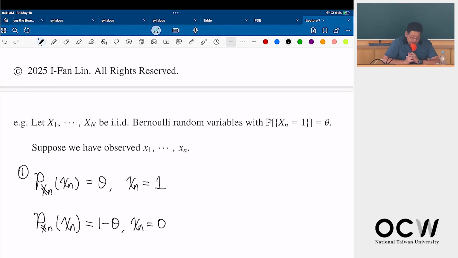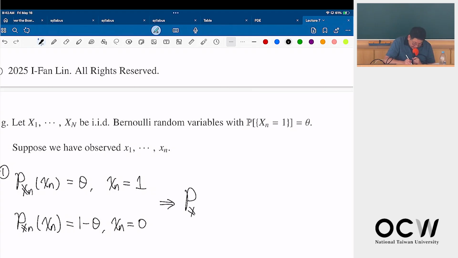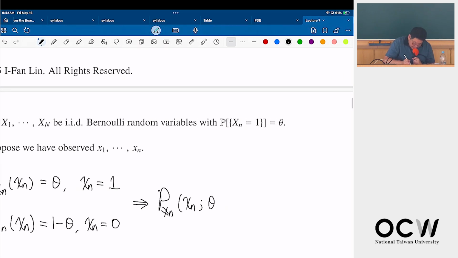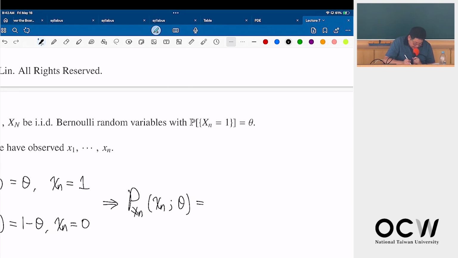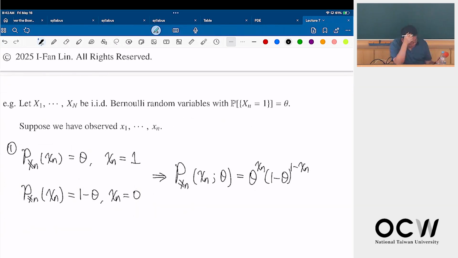Remember that the Bernoulli random variable is either on and off, heads or tails, or like 1 or 0. So overall, we can say that this PMF of xn with the parameter theta is theta to the xn times 1 minus theta to the 1 minus xn. So they multiply together. So this is just for one observation.